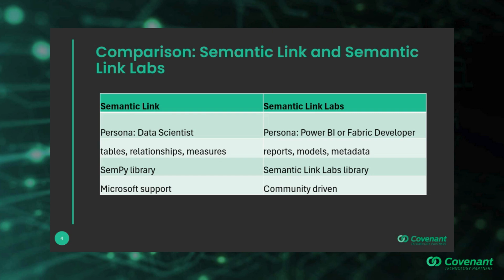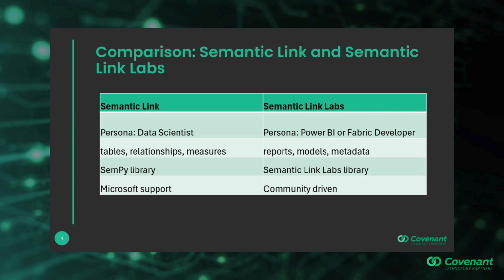It provides access to reports and the kind of metadata Gary was talking about, your reports and models. It's based on the Semantic Link Labs library, which is an extension of the SemPy library. It's community driven. I think the gentleman who has been actively developing this is Michael Kowalski. He has been working on this for a while.